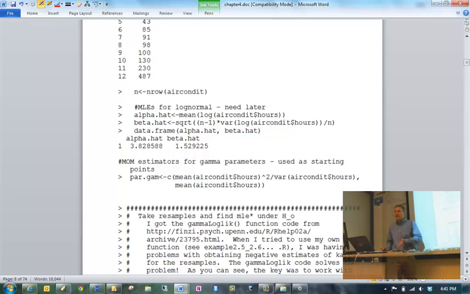I will need the MLEs for a log normal, because remember, I'm going to need that for my test statistic T in the end. And that simply, alpha hat is the log of y sub j.